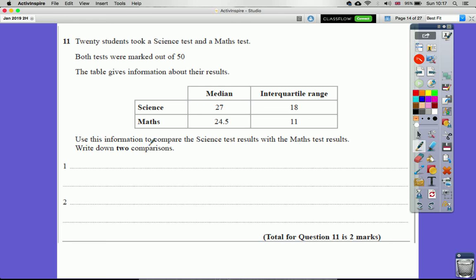Write down two comparisons. In the first, I'm going to compare the median. We can see the median for science is higher than the median for maths.